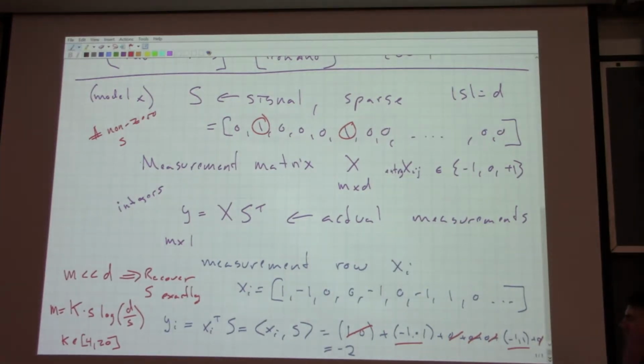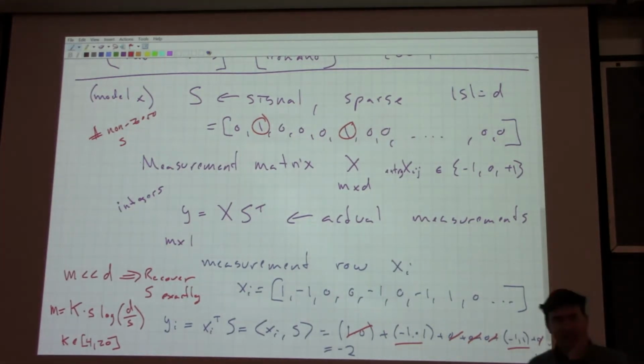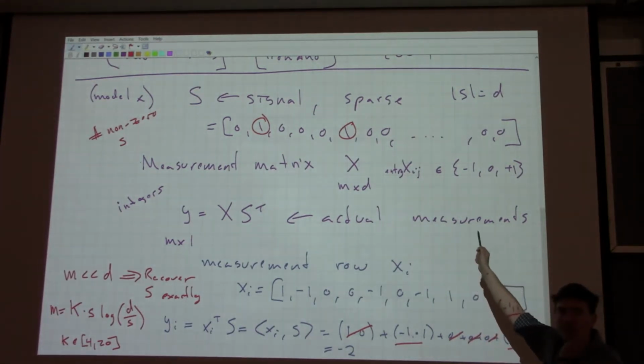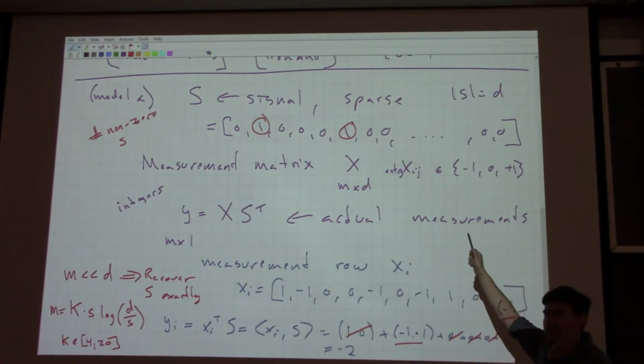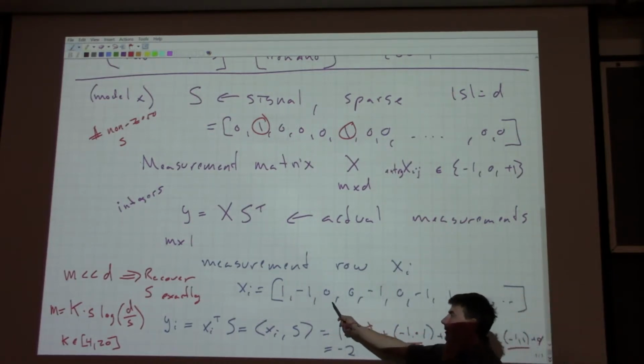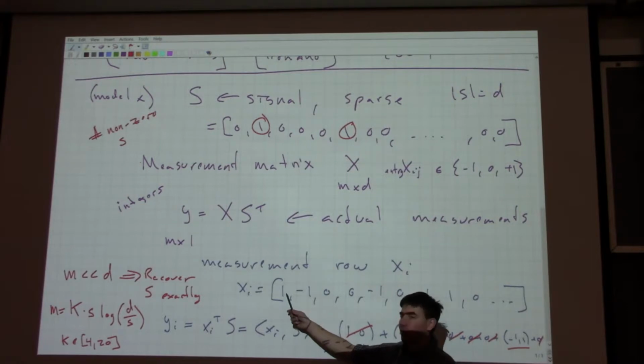Okay, so does this make sense a little bit? We're going to have this sparse signal here, which is mainly zeros. And then we're going to make these random measurements. Essentially, in this measurement matrix, each row is going to be random 1s, -1s, and 0s.